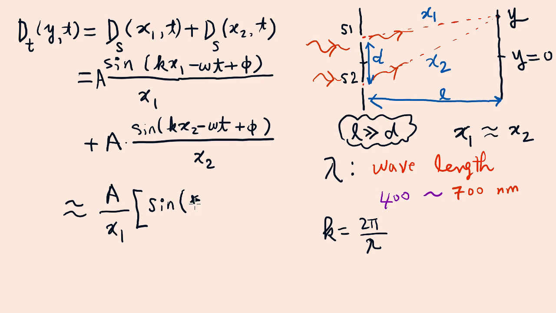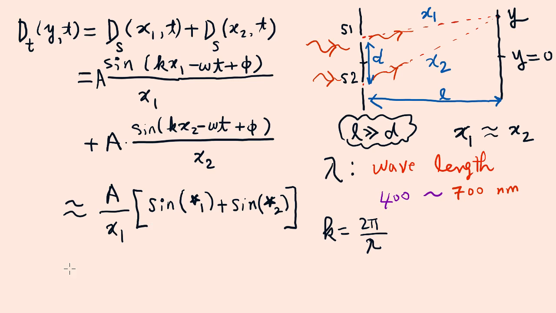Let me just use this whole thing as star 1. So that's the phase of the first spherical wave. And then the second spherical wave is characterized by star 2. So that's the phase. By star 1, I mean this whole thing, and by star 2, I mean this whole thing.